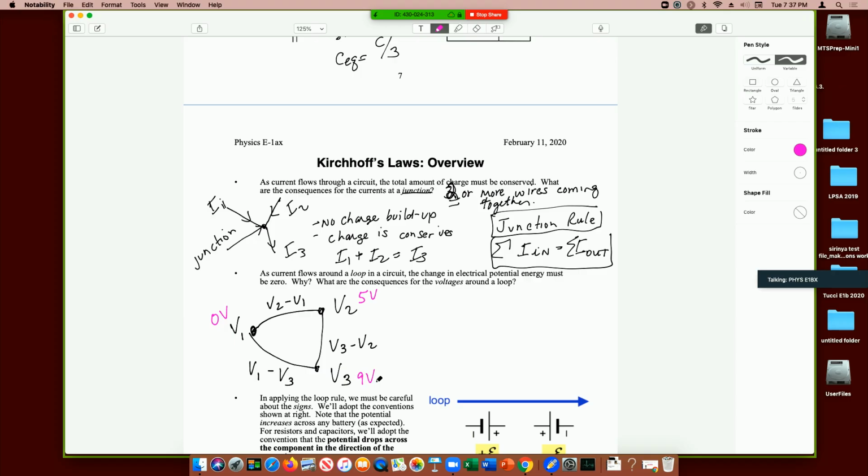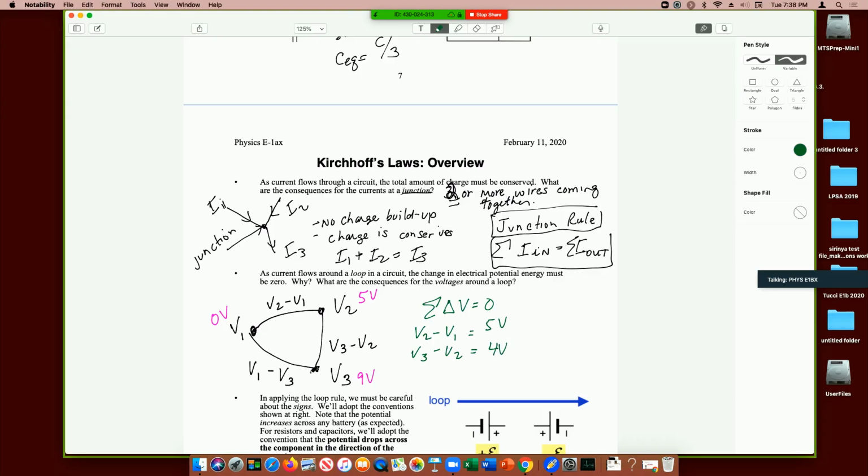The loop rule says that if I go all the way around the loop, the sum of the changes in voltage has to equal 0. Let's see if that's true. From V1 to V2, V2 minus V1 is 5 minus 0, which is 5 volts. From V2 to V3, the change is V3 minus V2, which is 9 minus 5, or 4 volts.